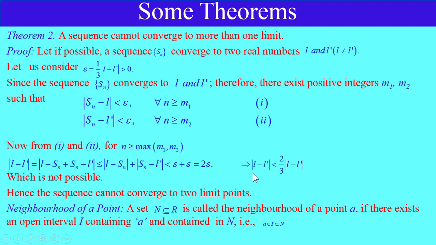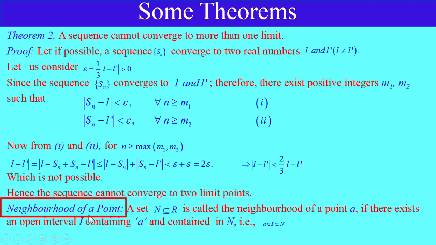This implies that modulus L minus L dash is less than 2/3 modulus L minus L dash, which is not possible because modulus L minus L dash cannot be less than 2/3 of modulus L minus L dash. Hence, the sequence cannot converge to two limit points.